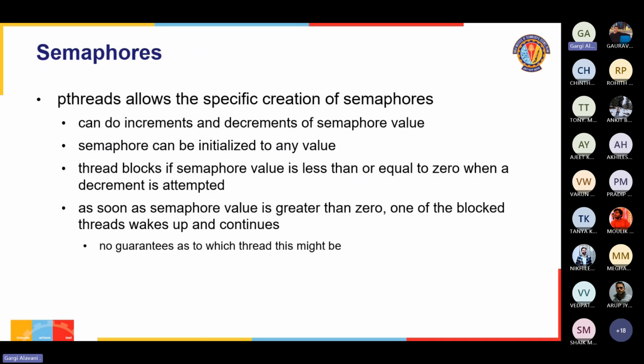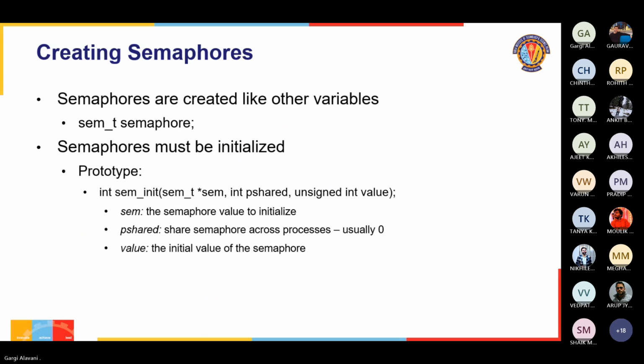But which thread it will wake up, there is no guarantee when using a semaphore. But as soon as the semaphore value becomes greater than 0, a thread that is blocked will wake up. How do you create semaphores?